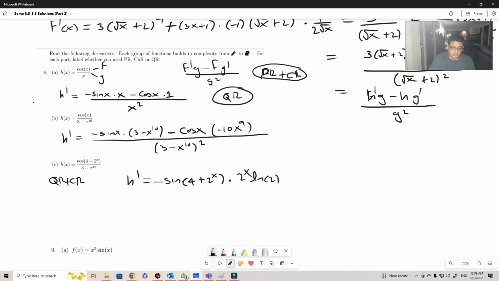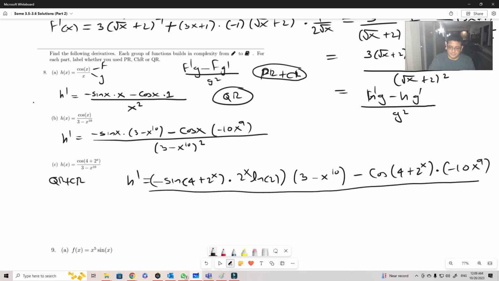And that's just the derivative of cosine of 4 plus 2 to the x. Now I have to multiply this by 3 minus x to the 10, and then minus cosine of 4 plus 2 to the x times the derivative of this, which will be minus 10x to the 9, and then divide that by 3 minus x to the 10 squared.